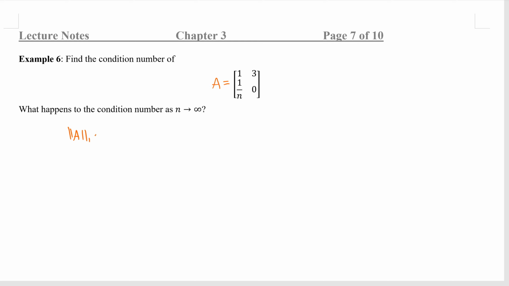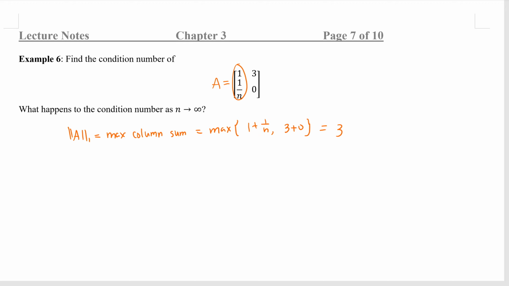The L1 norm is the maximum of the column sum. The columns: 1 plus 1 over n, 3 plus 0. Think about it, as n goes to infinity, this number is very small. So 1 plus a small number is like 1 point something, which is of course less than 3. So the maximum is 3.